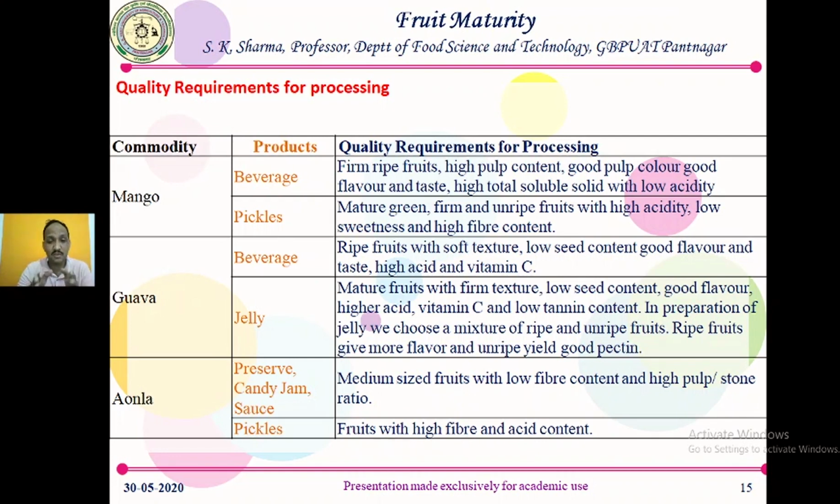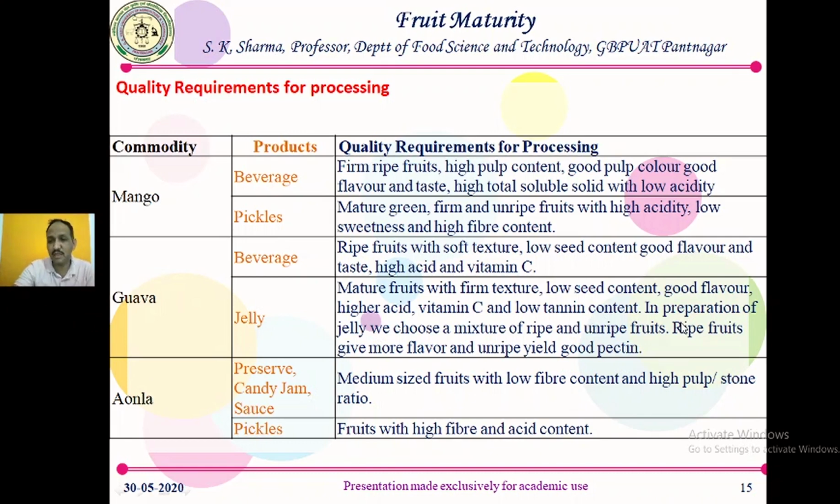So protopectin, which is water insoluble, when you heat it, gets converted into pectin, and that pectin will be extracted into the extractant medium, which is water. So you get a pectin extract, which is rich in pectin. So for jelly you don't need a ripe fruit, but you need a fruit which is firm and mature.